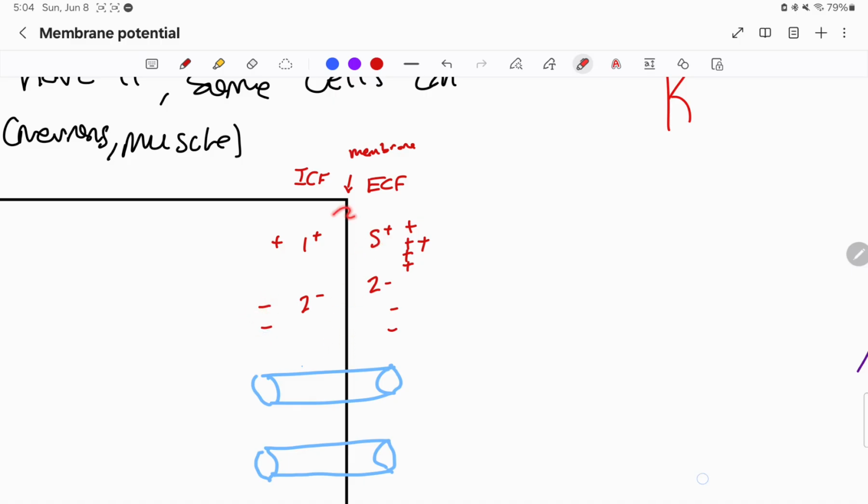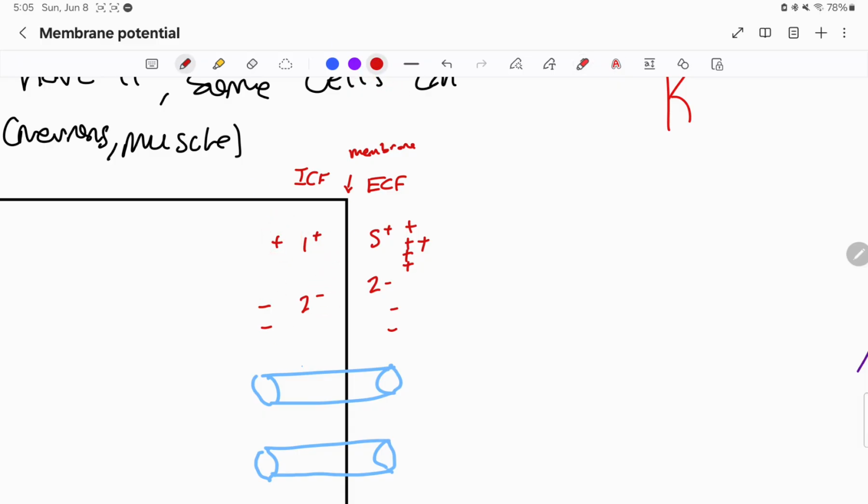For example, over here, here's the membrane separating the inside and the outside. Outside, I have 5 plus charges, 2 negative charges. Inside, I have 2 negative charges, but only 1 positive charge. That means that the inside is more negative compared to the outside because I don't have as many positive charges, okay?